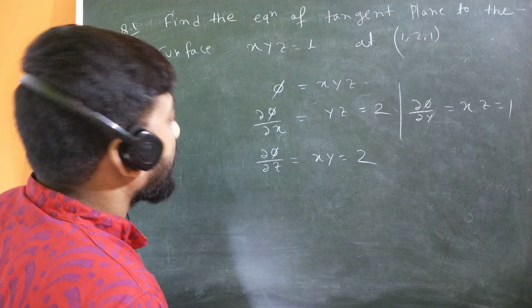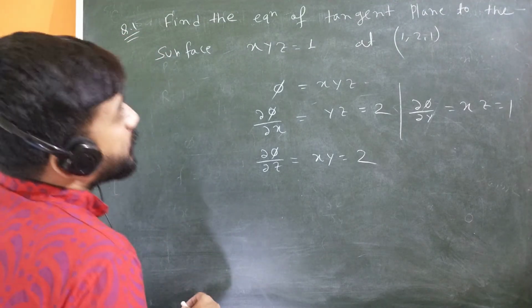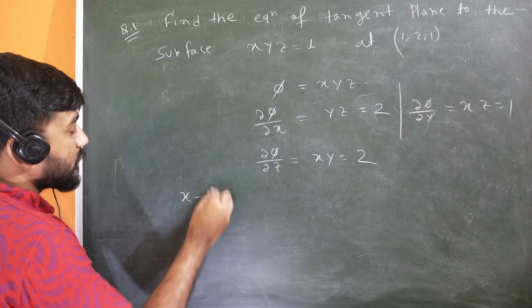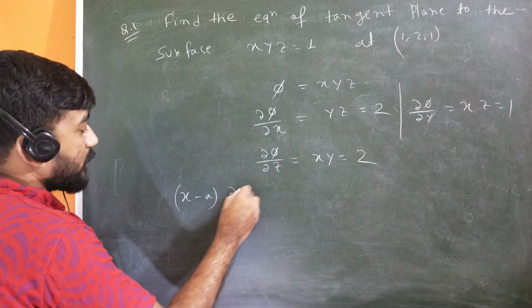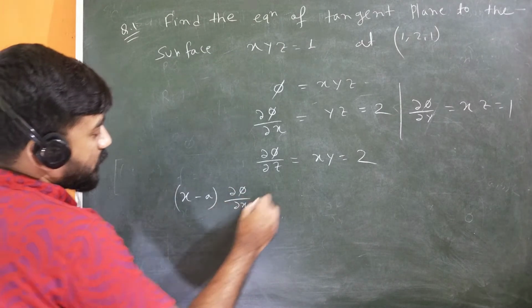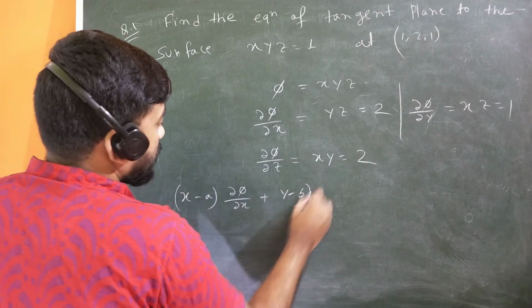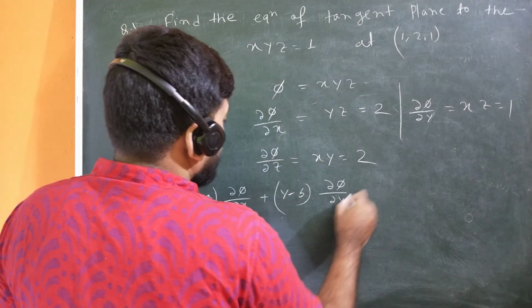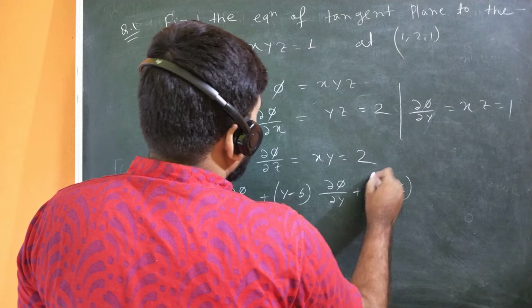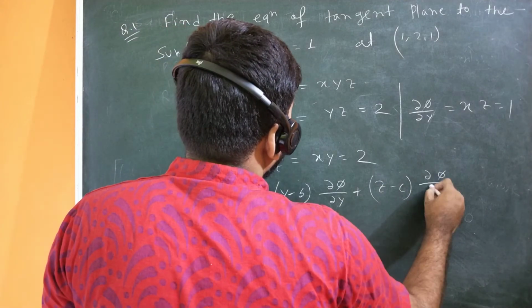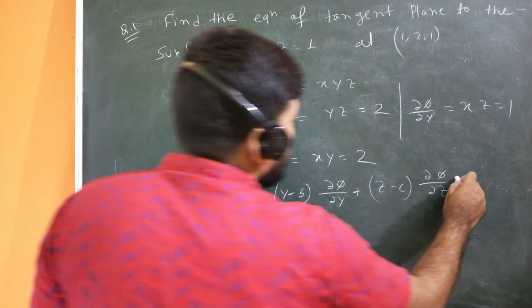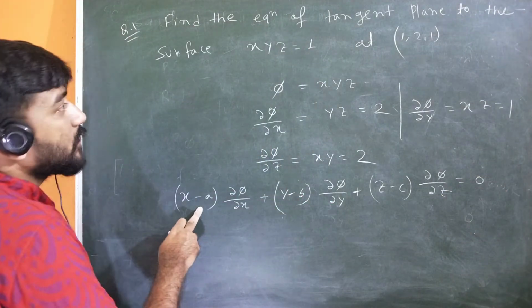So the equation of the tangent plane, as we have already seen, is (x minus a) del phi del x plus (y minus b) del phi del y plus (z minus c) del phi del z equal to 0. You have ABC here as (1, 2, 1).